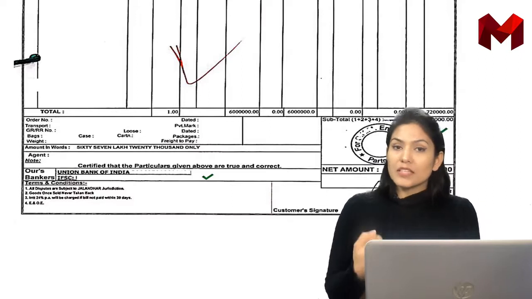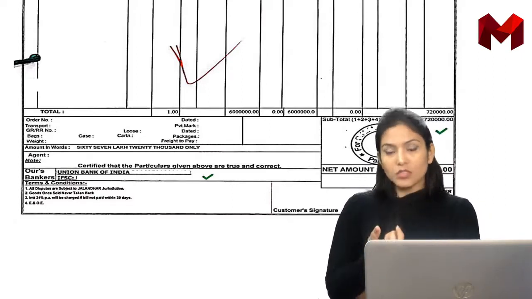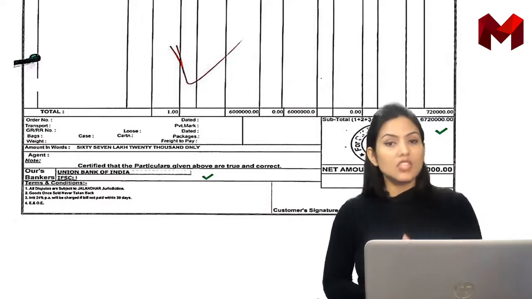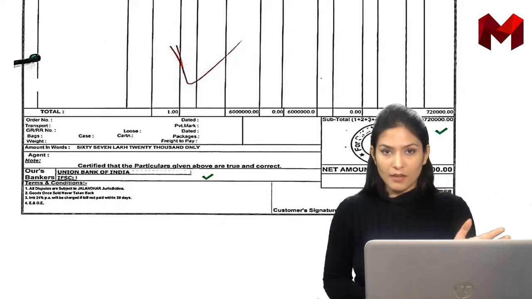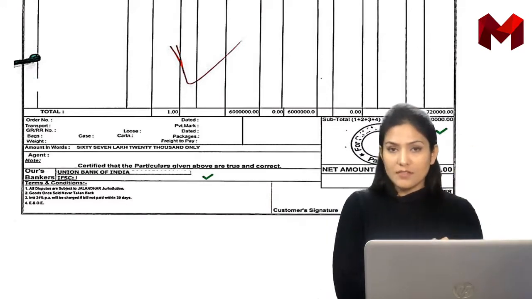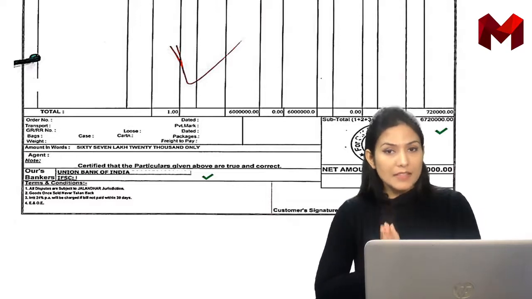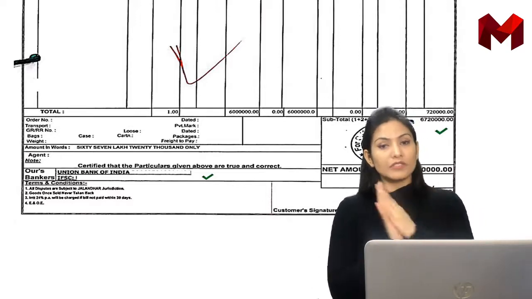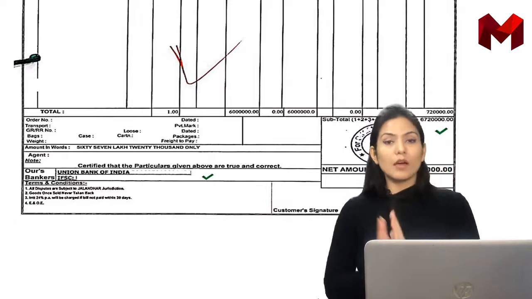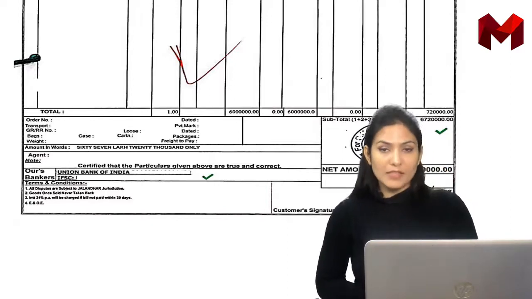And from the amount of GST which I need to pay to the government, I will adjust the GST already paid to my suppliers. I have paid a lot of GST to my suppliers also, and now the GST liability is 7,20,000. Out of that 7,20,000, I will reduce the amount which I have already paid to my suppliers.